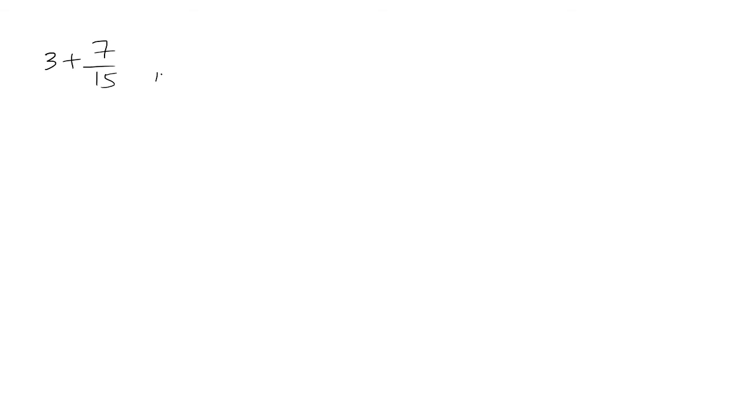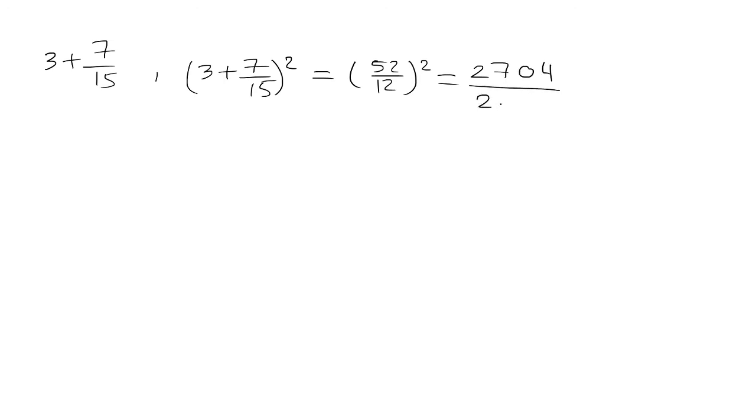If we take the square of 3 plus 7 divided by 15, that is equal to 52 divided by 15, squared, which is equal to 2,704 divided by 225. And by doing some rewriting, that is equal to 12 plus 4 divided by 225.